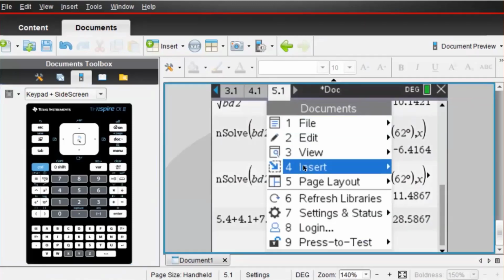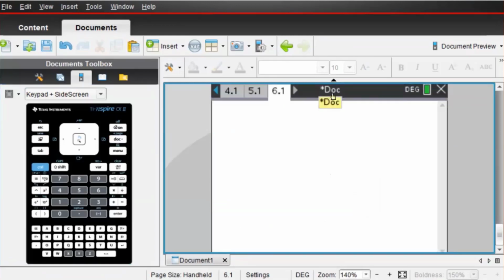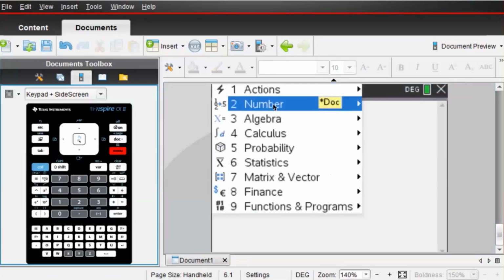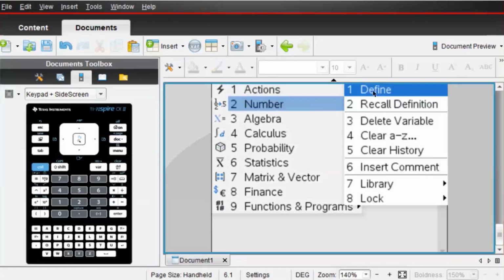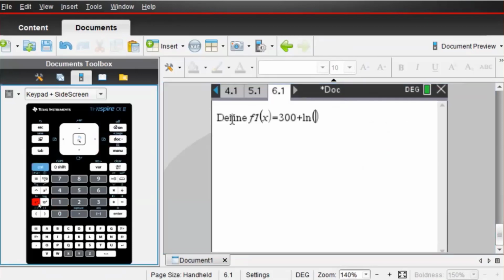So once again, I'm going to add a new problem here. I'm going to define my function. I'll call it f1 of x. I could graph it, but there's probably no need to. 300 plus log e, that's ln, of x squared minus 3x plus e.